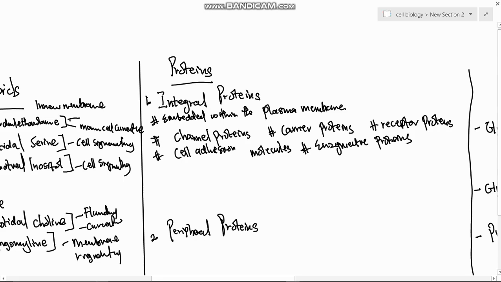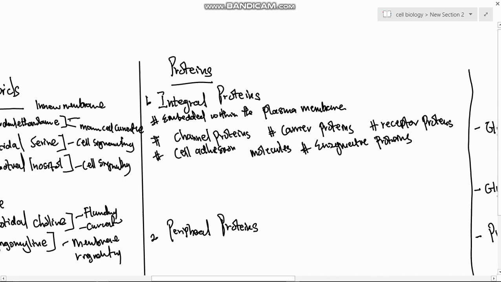So mostly these proteins are found embedded within the plasma membrane. So for instance, the channel proteins, we can talk about the sodium potassium pump or the sodium potassium channel that is responsible for the ion exchange, or responsible for ion balance between the intracellular compartment and the extracellular compartment.